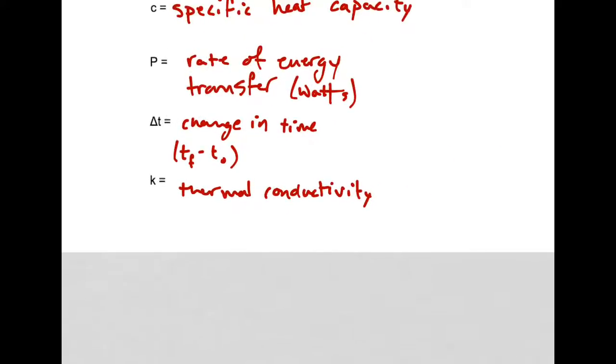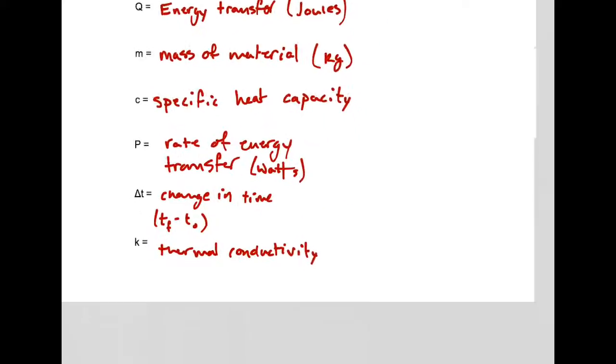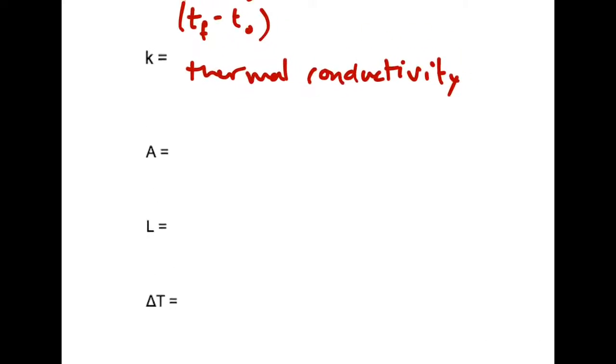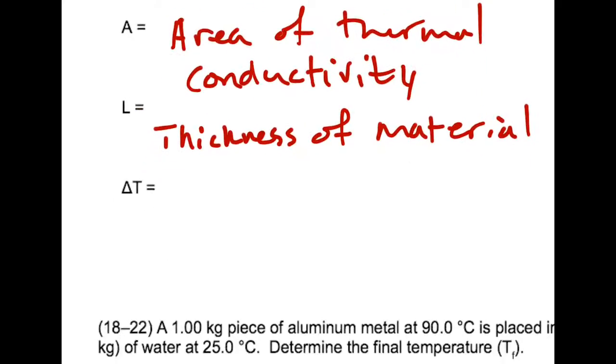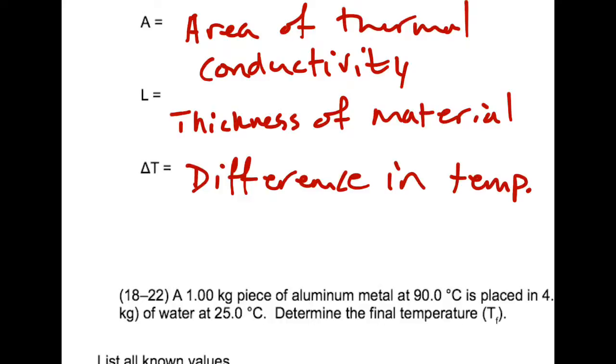If I remember right, it's like a measure of how well it transfers heat. A is the area of thermal conductivity, so it's just the area that's having the heat transfer. L is the thickness of the material, and delta capital T is the difference in temperature, change in temperature. And that's, remember, just Tf minus T sub 0.